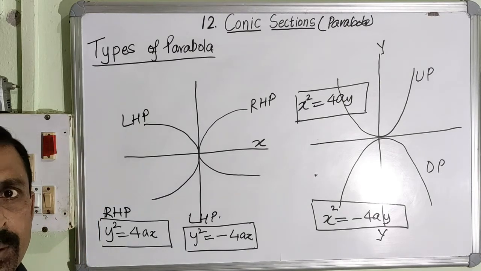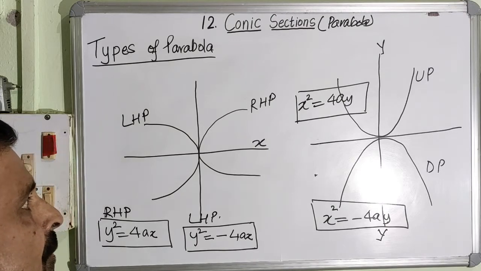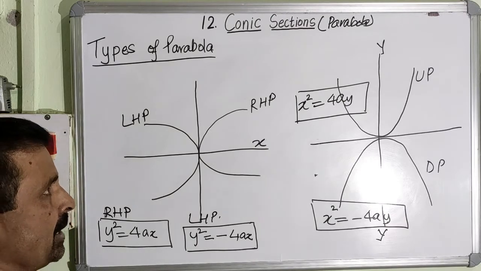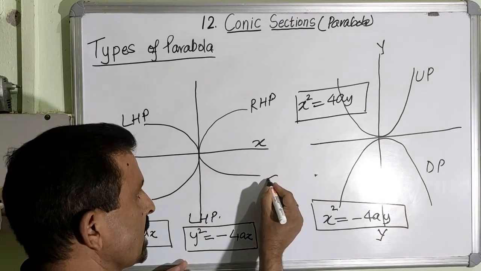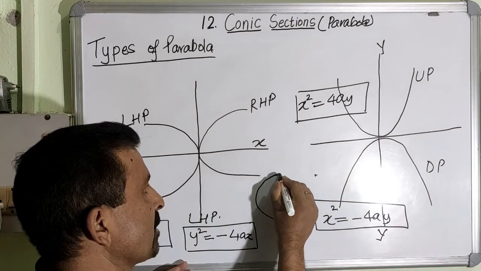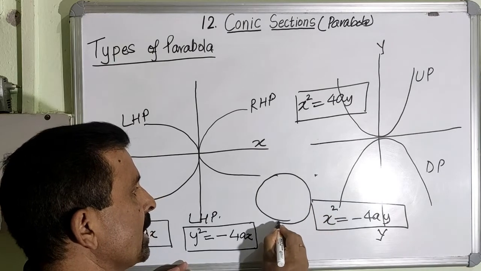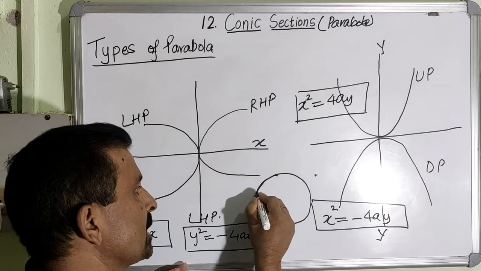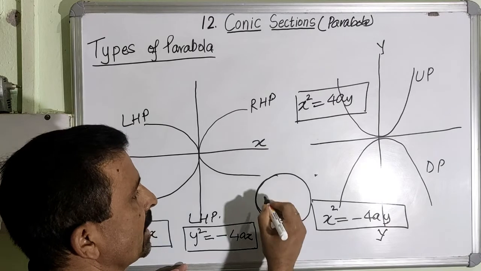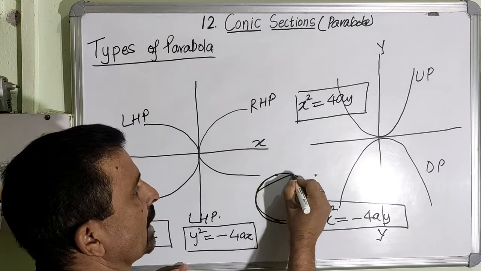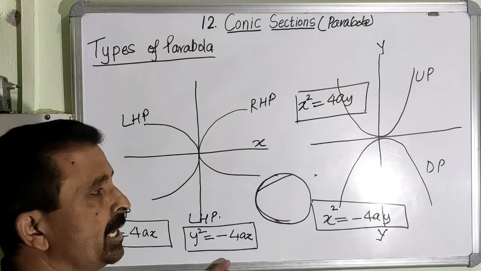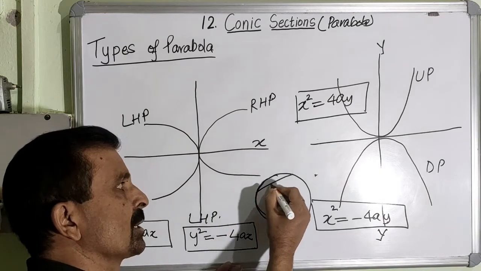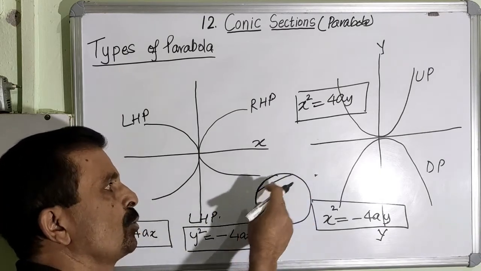For the latus rectum, we can understand this from the circle. Suppose this is a circle. I'm very sorry, I could have done this a little before, but never mind. In a circle, if you draw a line like this, this line is called a chord. A chord is a line segment that joins 2 points of a circle.